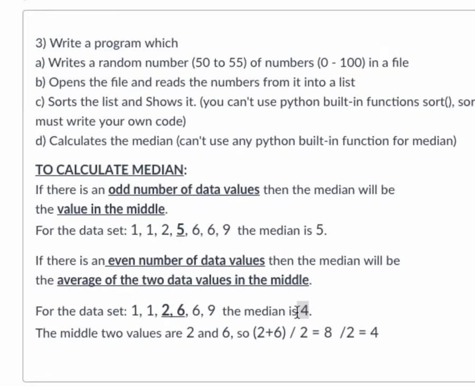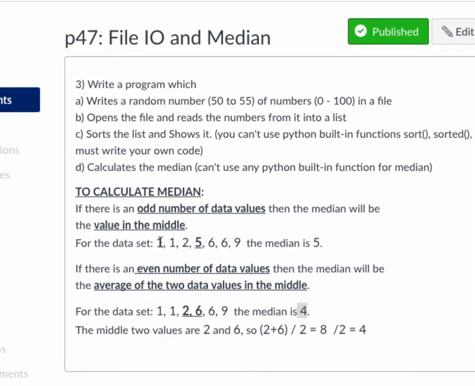Okay? So first of all, this list of numbers here has to be sorted first, right? You cannot talk about a middle value unless the thing is sorted first, which is why you have to sort it. Okay, this list of values here is going to be between 50 to 55 numbers long. So you don't know if it's even or odd.